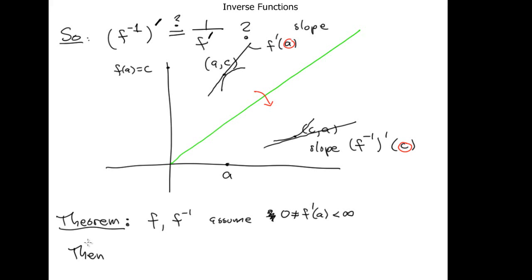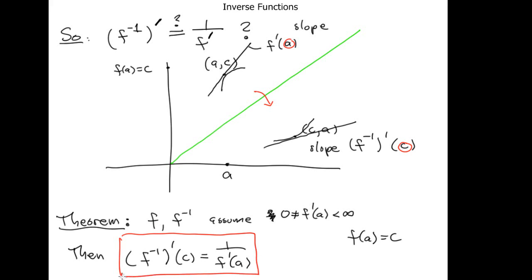Then the assertion is that the derivative of the inverse function at c is 1 over the derivative of the original function at a. And this whole slide was about pointing out the fact that a and c are playing a different role. c appears on one side of this equation and a on the other.